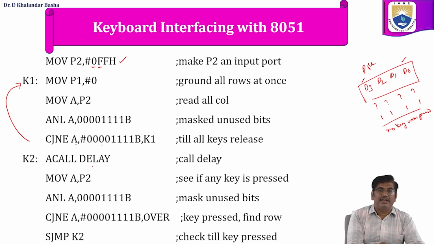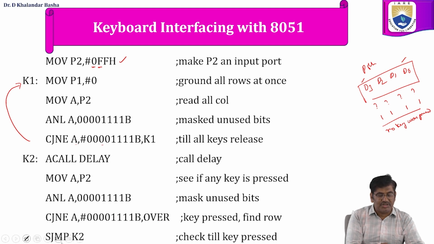So, ACALL delay. It is for calling the key debounce. Then we will read port 2 into the accumulator, AND the accumulator contents with 0FH, and again compare whether these values are equal or not. So, compare and jump if not equal to the label over.